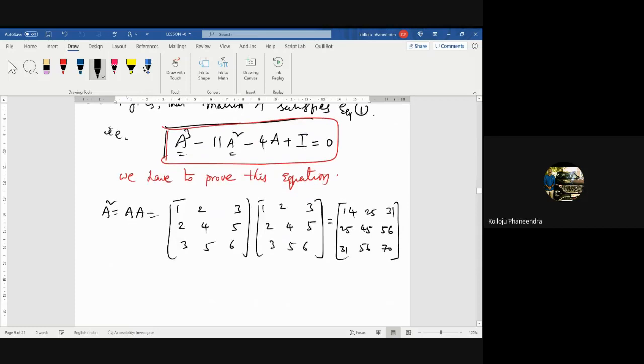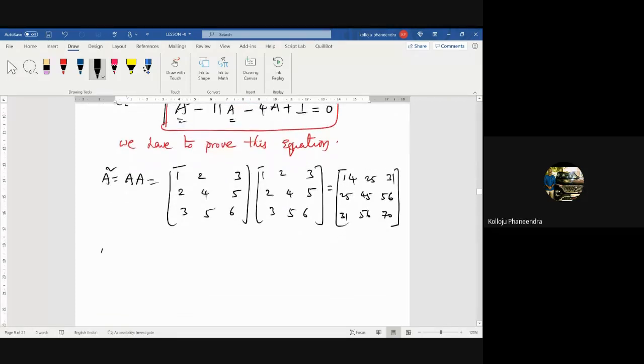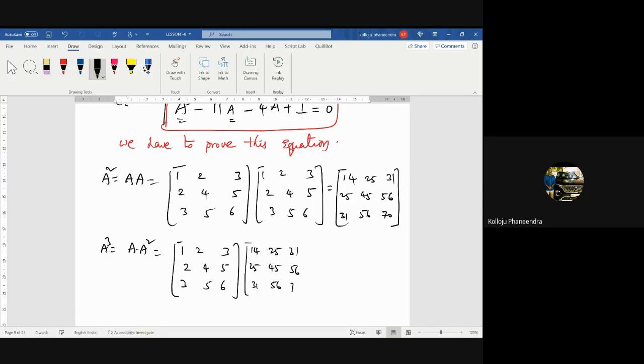Next one, A cube. A cube is A into A square. So 1 2 3, 2 4 5, 3 5 6 multiplied by 14, 25, 31, 25, 45, 56, 31, 56, 70.